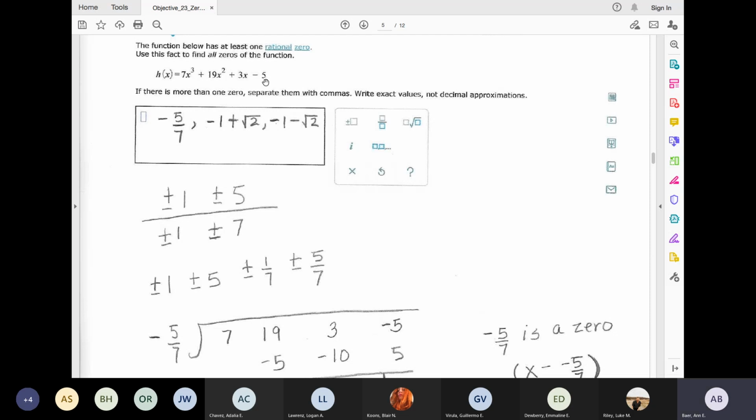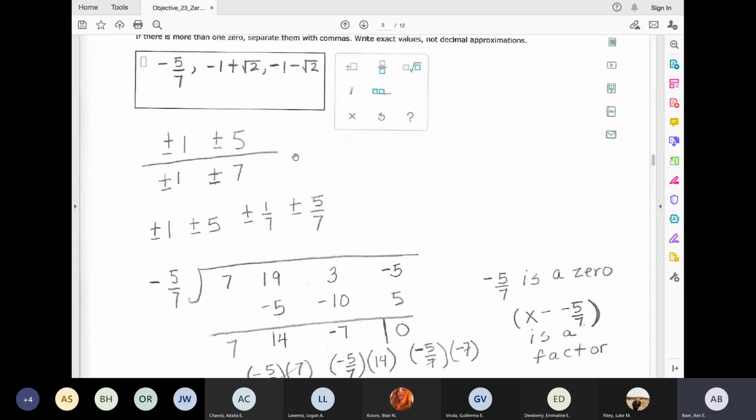The factors of 5 are 1 and 5. And then you just need to put plus or minus out front. The possible denominators are factors of this leading coefficient. That's why it's so important to write polynomials in descending power order. And this is 7. So those possibilities are 1 and 7 for the denominator.